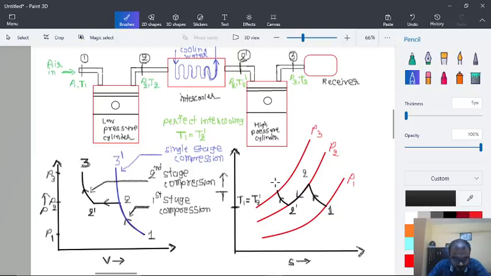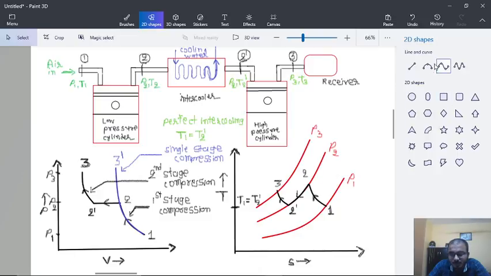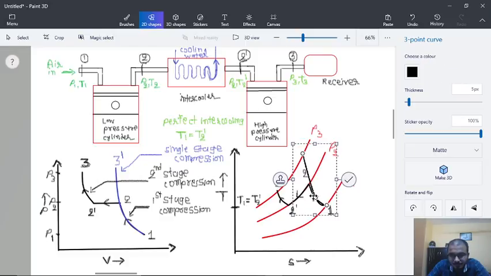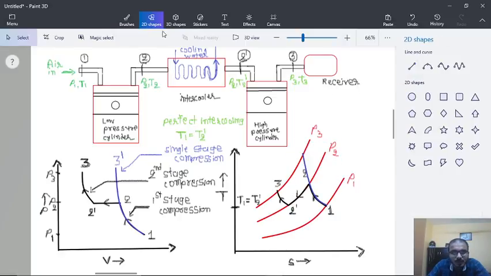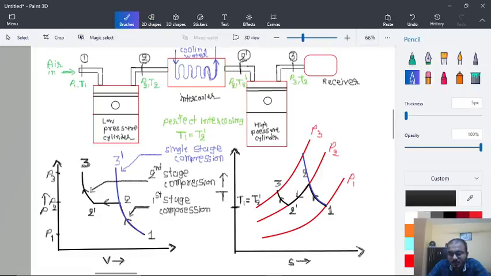So this will be point number 3, and suppose we had a single stage compression as shown with this blue curve on the PV diagram. We can also show the same over here in this way, and obviously we will denote this with blue. So in this case also, this will be 3 prime.